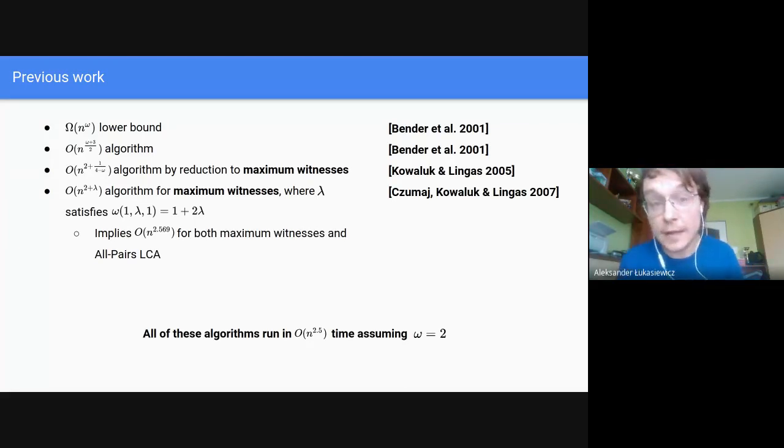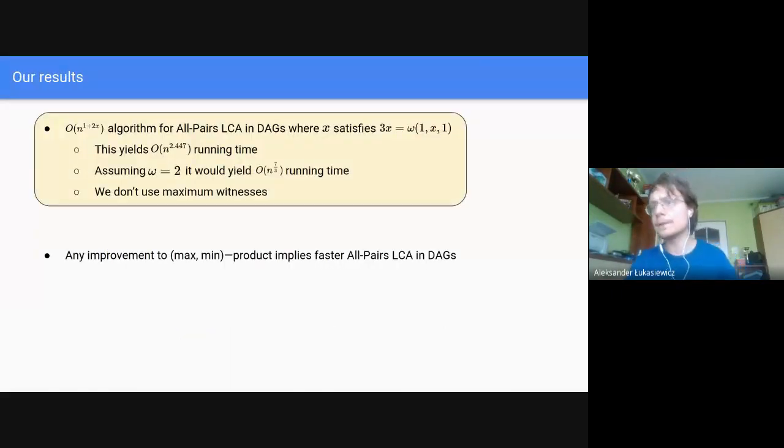So up until now, this problem of computing all-pairs LCAs was in the class of intermediate complexity problems. And our result is an improvement. The first time in 13 years, we improved upon the algorithm of Czumaj, Lingas, and Kowaluk.